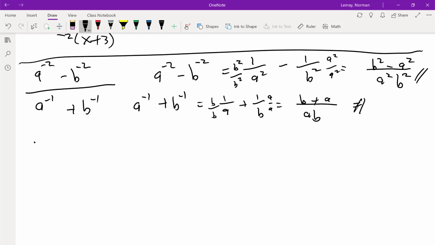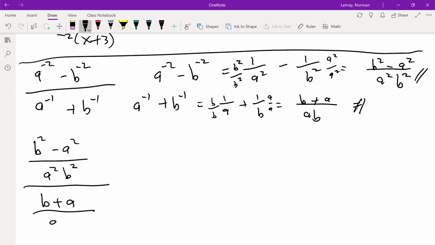So this top part becomes b squared minus a squared over a squared b squared divided by, and then the bottom part, b plus a divided by ab. So now we get, notice that b squared minus a squared is going to factor to b plus a, b minus a.